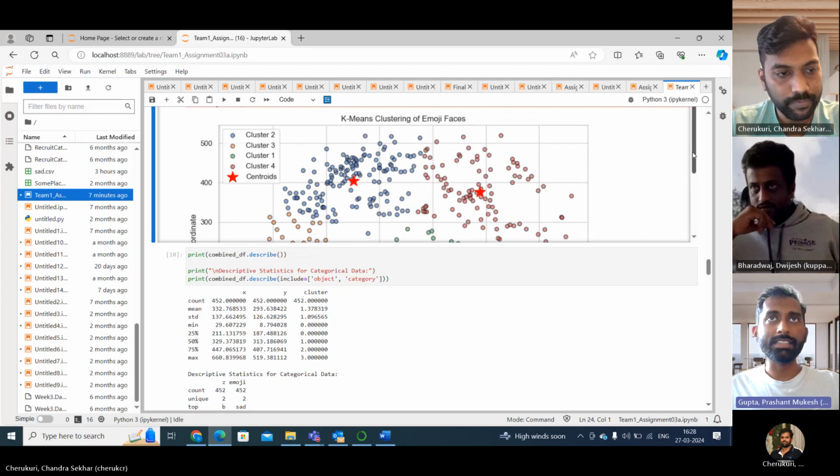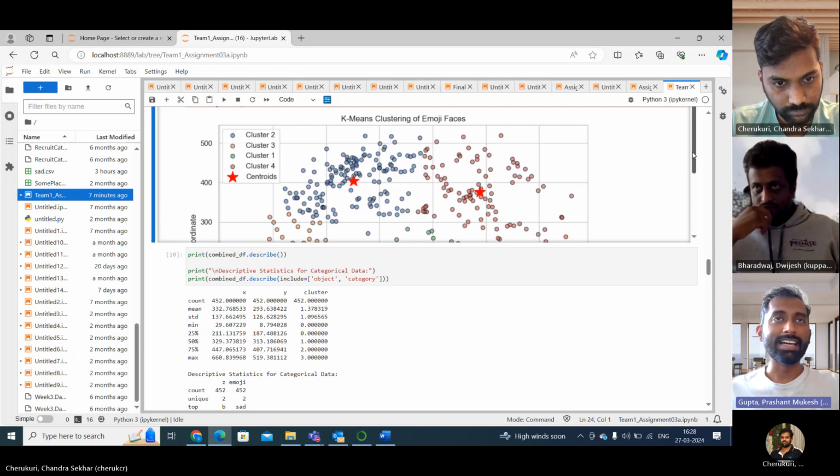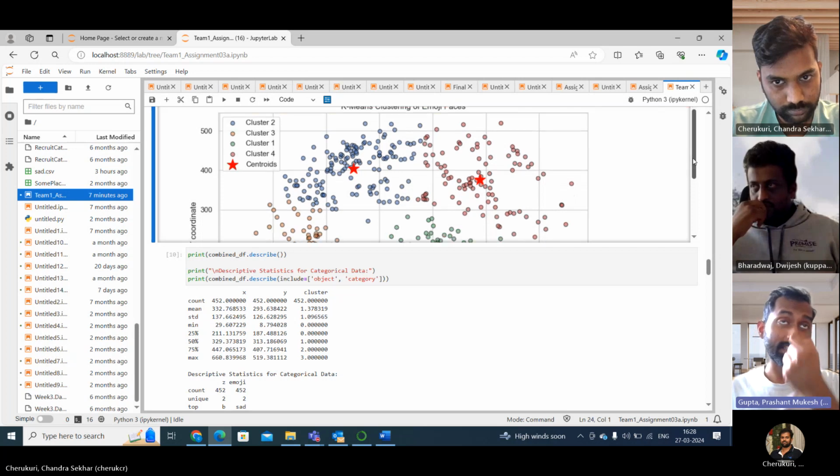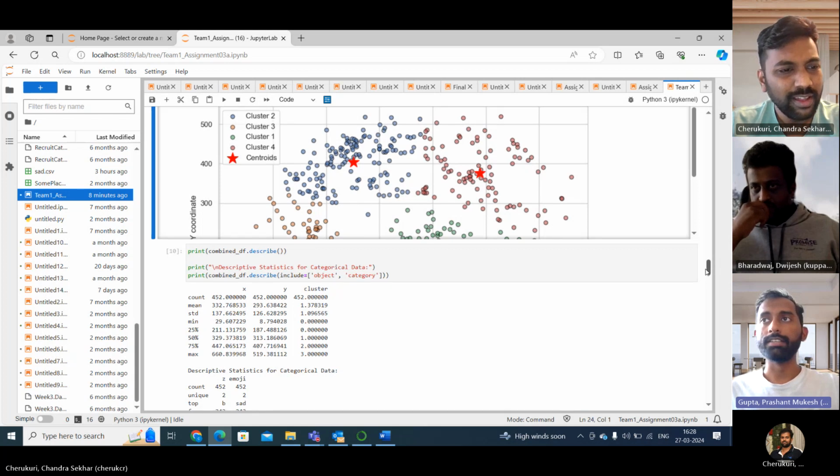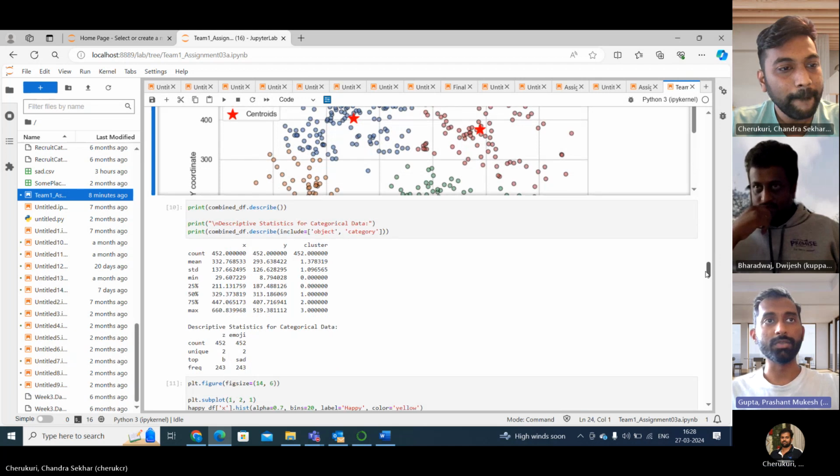If you look at the clustering, you can see the overlap on the eyes and majorly on the face, and the centroids are plotted for the same. So that is our k-means clustering. Moving on, Pushkar will take over and explain the rest.